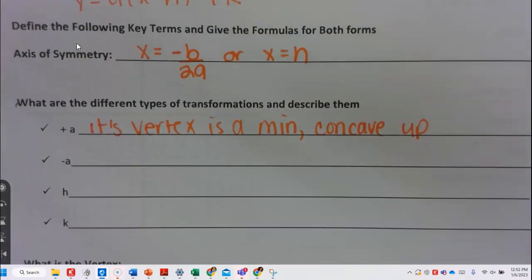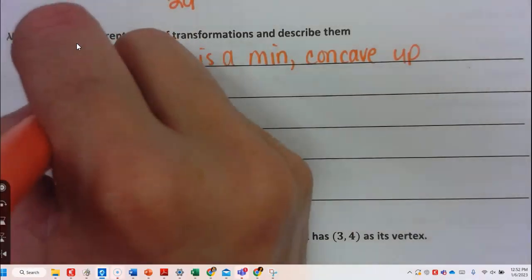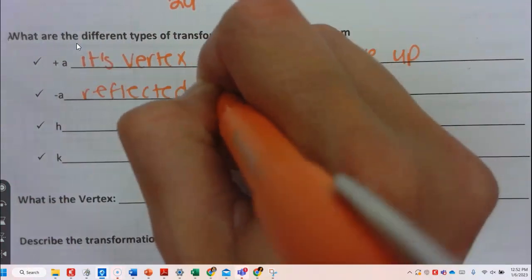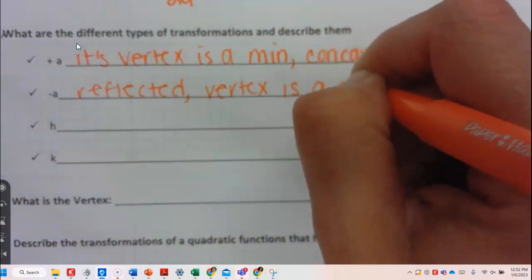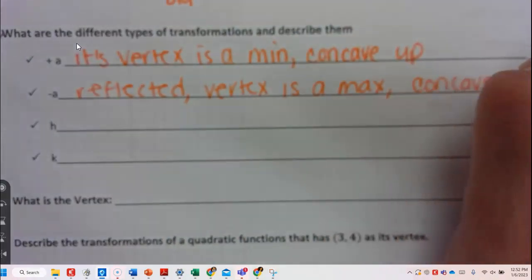If your a value is negative, then we say that the graph is reflected. My vertex will be a max, and my graph will be concave down.